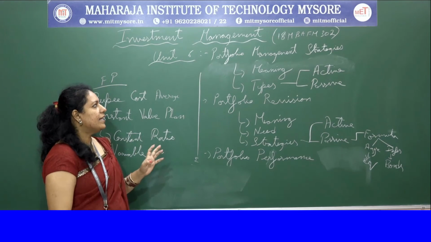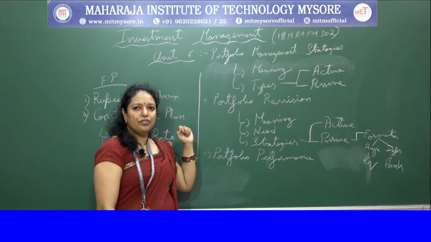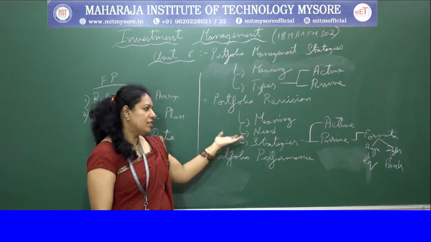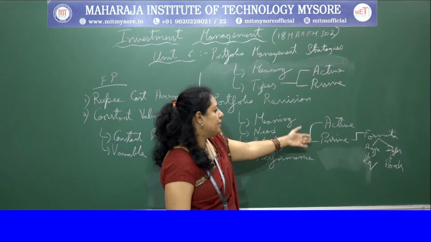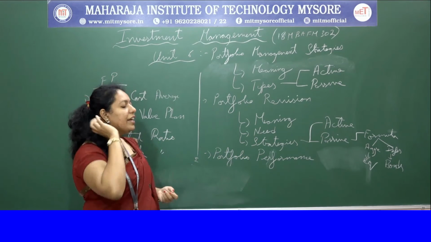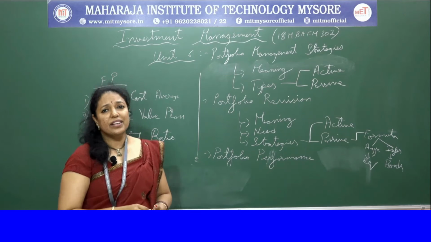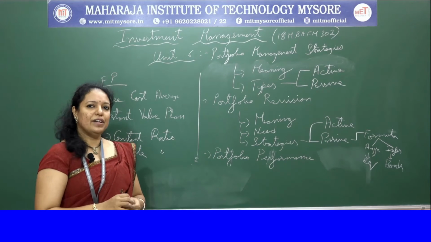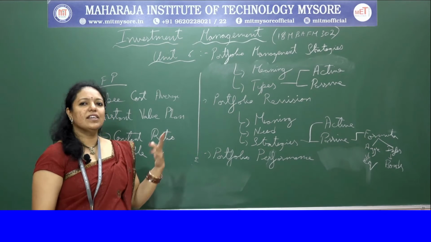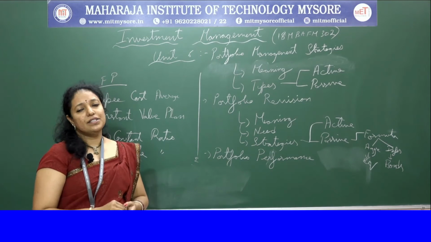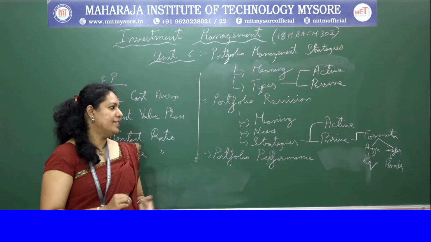So here you can see that we have dealt with portfolio revision. We have understood its meaning, the need of it, and the different strategies, that is active strategy and passive strategy. In order to run the passive strategy, you need the formula plans, and to understand the formula plans, you need aggressive stocks and defensive stocks. Aggressive portfolio is where more investment is made in equity shares.